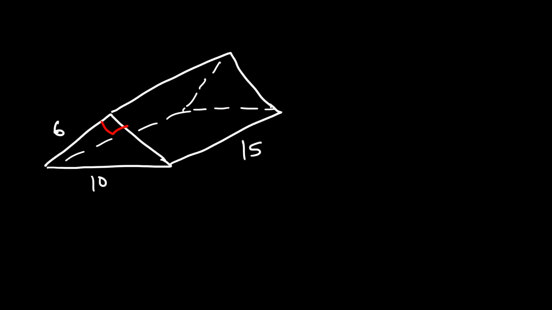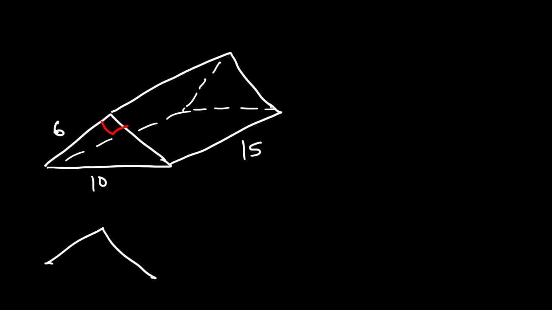So using this information, go ahead and calculate the surface area. Now, in order to find the surface area, we need to find the perimeter of the triangular base. So we need all 3 sides. We only have 2 sides, so we got to find the missing side. But notice that it's a right triangle.